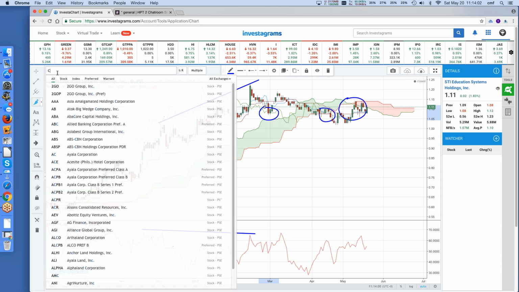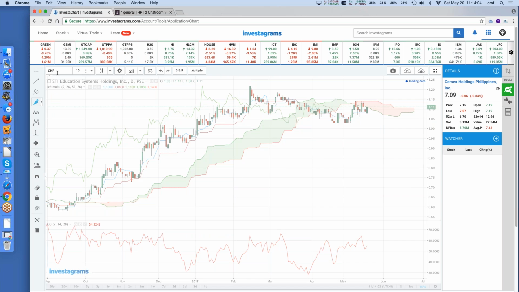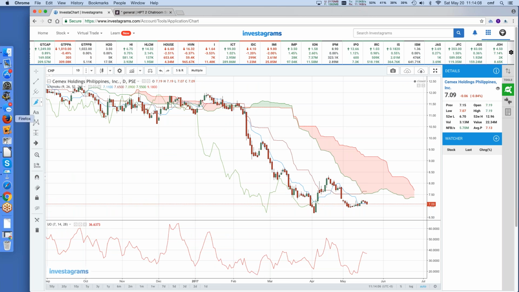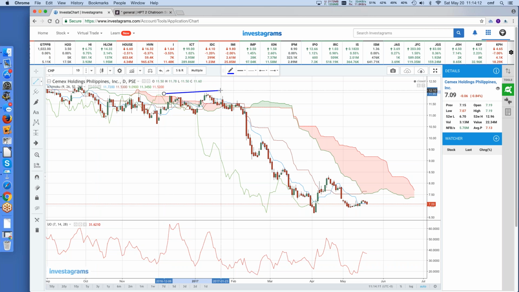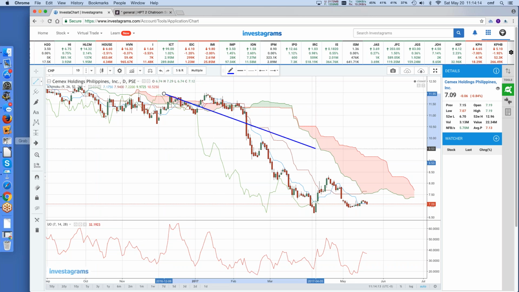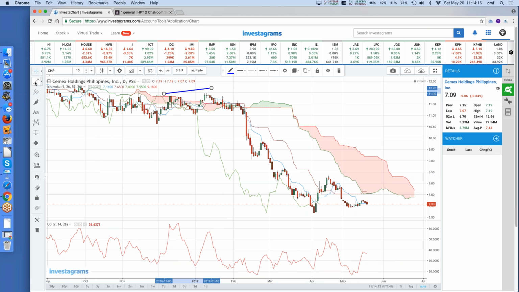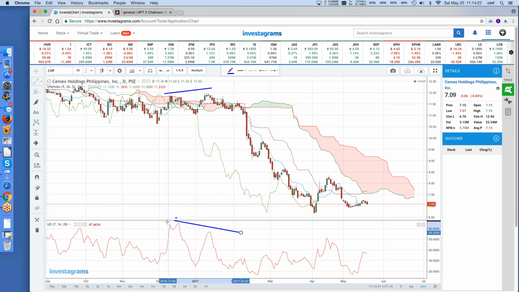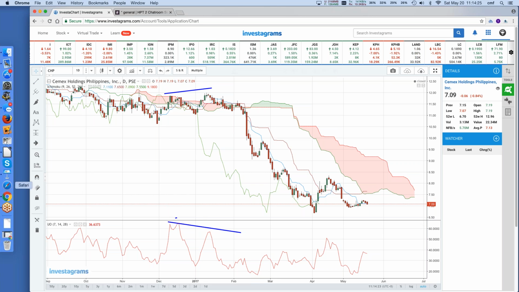Another example is CHP. So where's the bearish divergence in this chart? There's your bearish divergence.